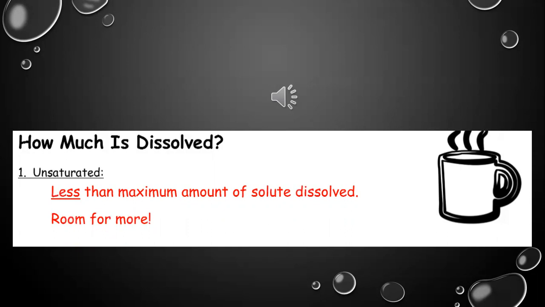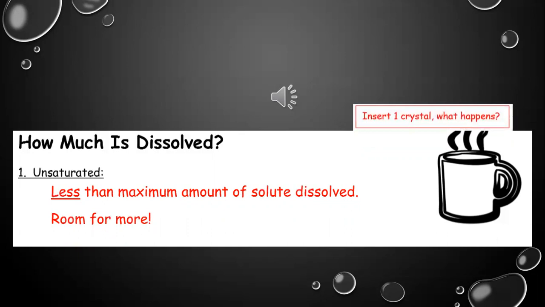Could we put more sugar into that coffee and have it dissolve? Probably. So that is a way that we can test to see what we have in terms of saturation. If we insert an extra crystal into a solution and it dissolves, there must have been room for it to dissolve in there, and we would call that solution unsaturated.